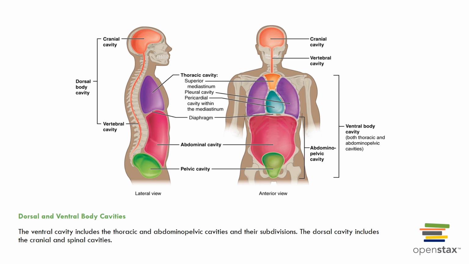The outer layer is the parietal layer, which is the layer that's more towards the body wall, while the inner layer is called the visceral, more towards the organs. And between the parietal and visceral layers is a watery, lubricating fluid called serous fluid. And you'll be studying serous membranes throughout the course.